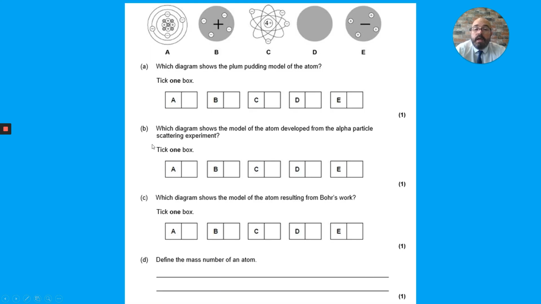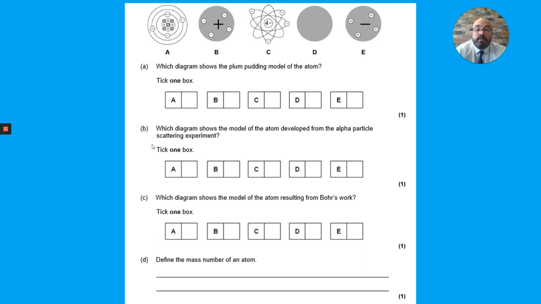And finally, this is a bit of an interleaving question, working on mass number. So it's something that you've looked at before, not necessarily covered in this presentation, but it's just refreshing your memory. Define the mass number of an atom. So the mass number of an atom is basically the sum total of all the protons and all the neutrons that are found in an element.